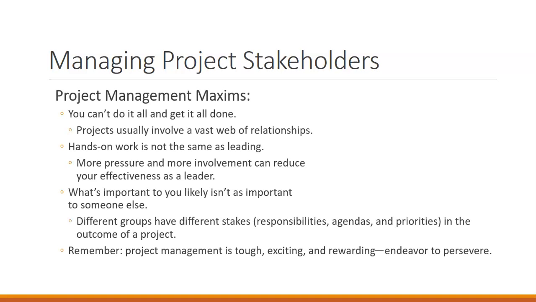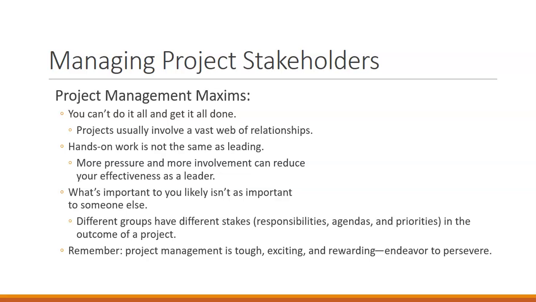The next thing this chapter talks about is the different project stakeholders. So who is involved in the project as a stakeholder? Anyone that is working on the project or has any interest in the project being completed is a stakeholder. Projects involve you as a project manager developing relationships with any stakeholders in the project.